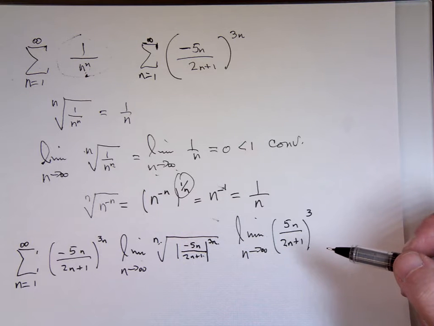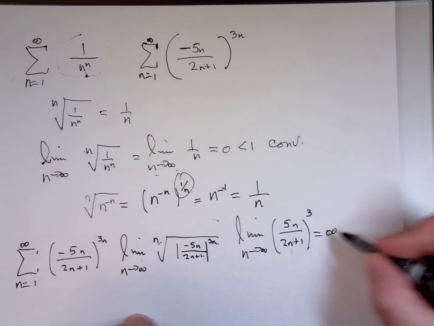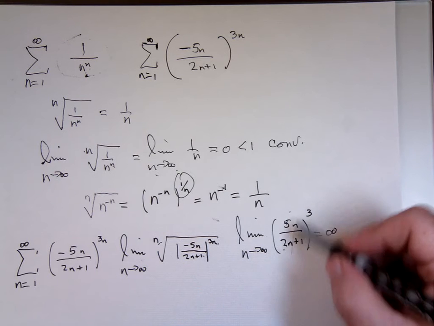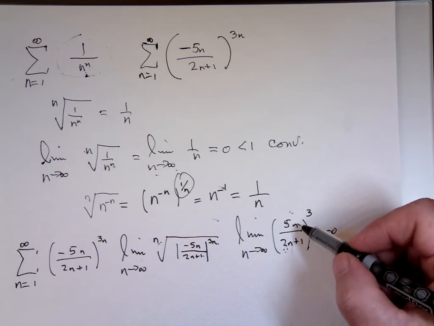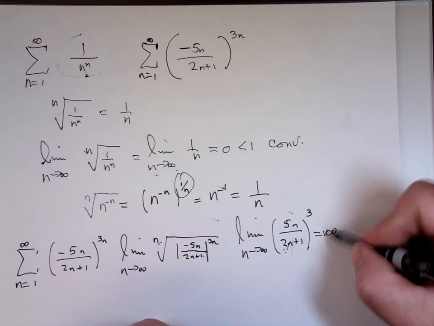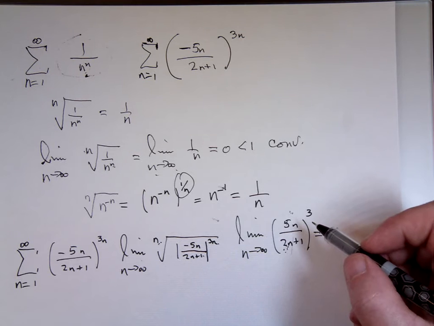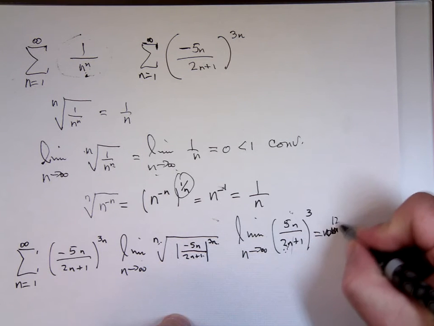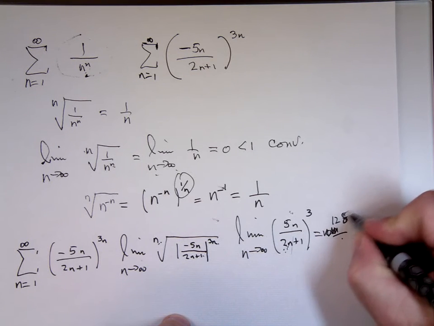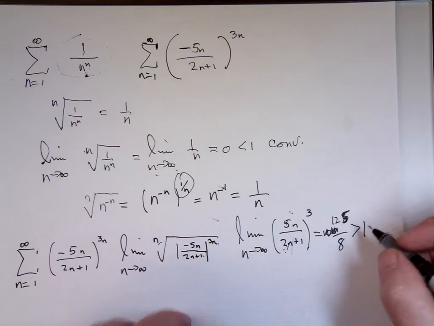Listen, you have 5 halves here cubed, which is 125 over 8. That's what Nick was doing. 125, which is greater than 1, which means it diverges. And you're done. They all diverge.